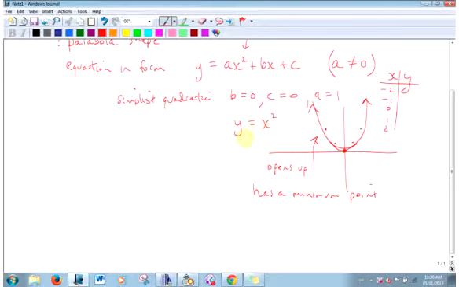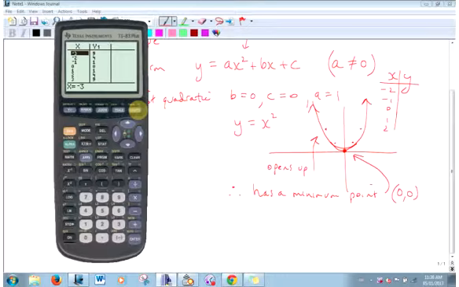It opens up, therefore it has a minimum point right there. That's the lowest this will ever go. How high does it go? Yeah, it keeps going up and up and up forever and ever.